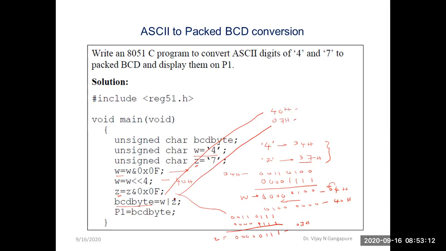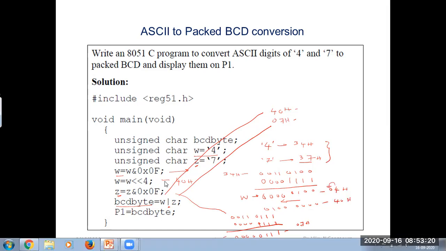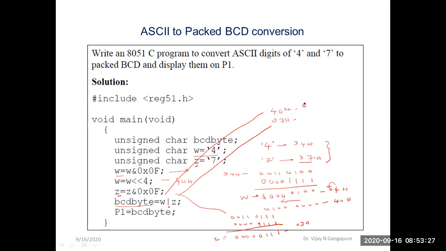Now there is an ORing operation, a bitwise OR operation between W and Z. W, that is 40, means 0100 0000, and 7 means 0000 0111.